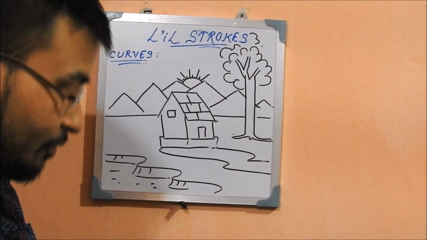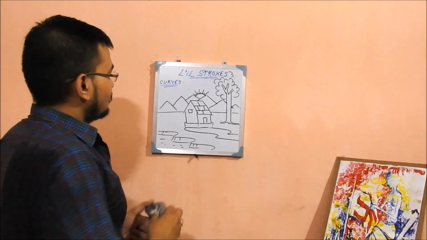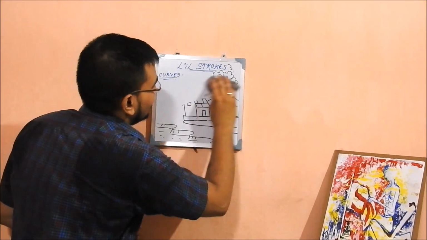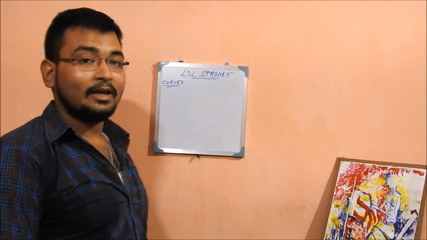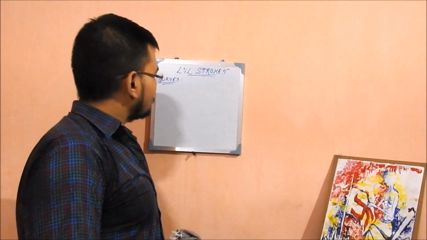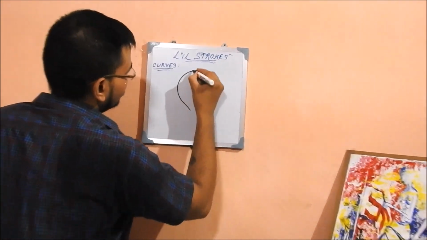See, in the universe there are only two things, either a straight line or a curve. So you know both the things now. You know curves also, you know straight line also. So we can now draw anything, whatever you want. So you can draw a balloon.